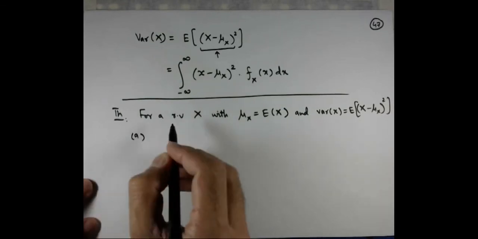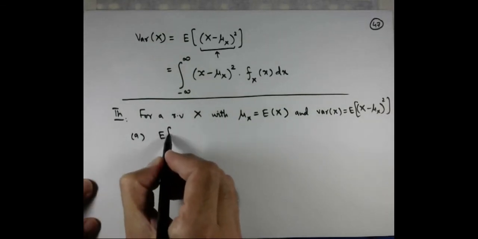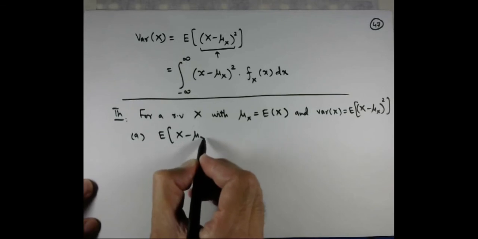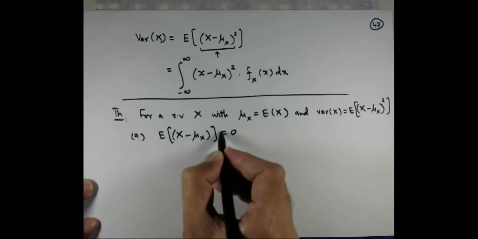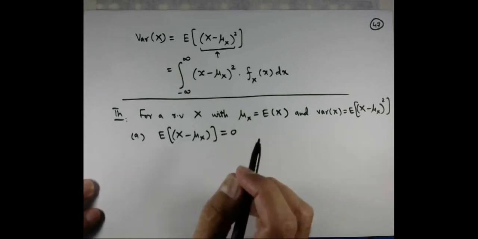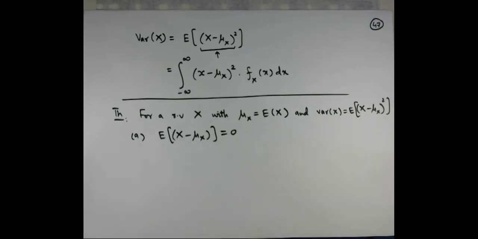First, expectation of x minus mu sub x is always equal to 0. I don't even need to prove this because we have done this in the case of discrete random variables as well.